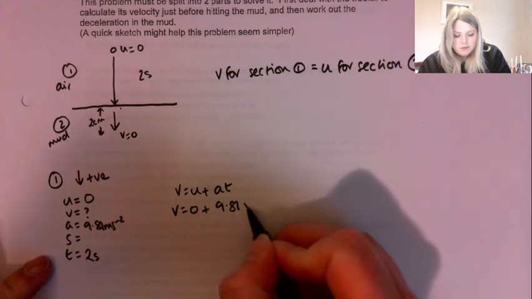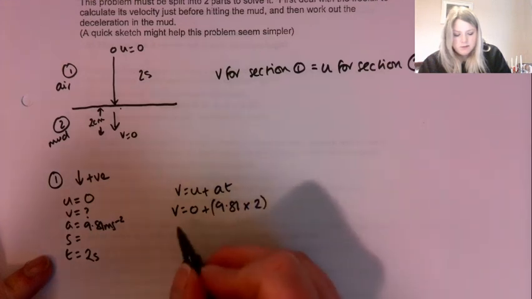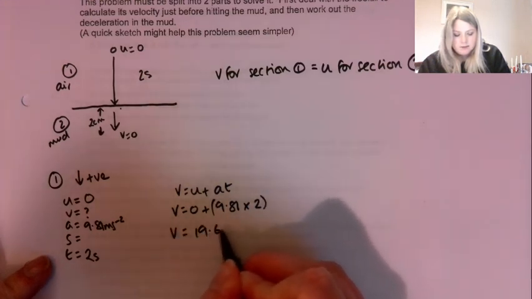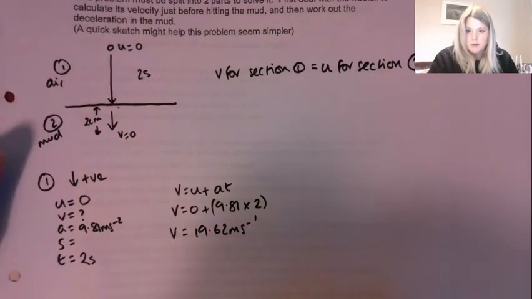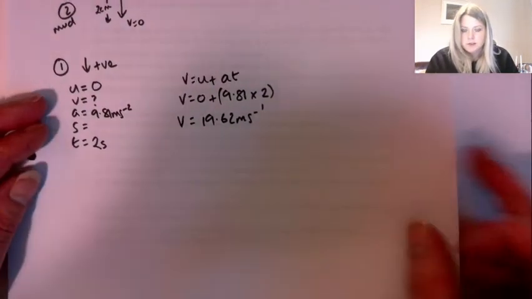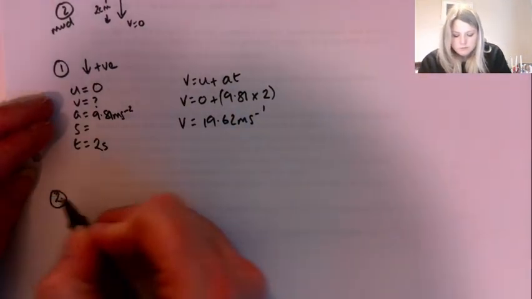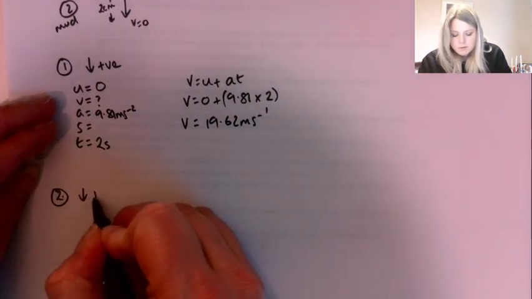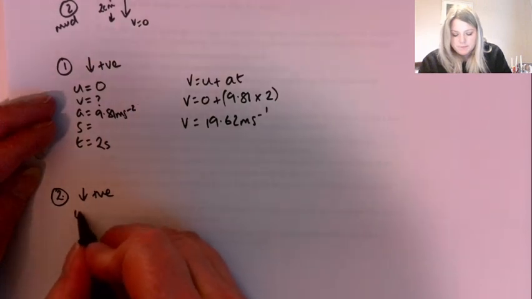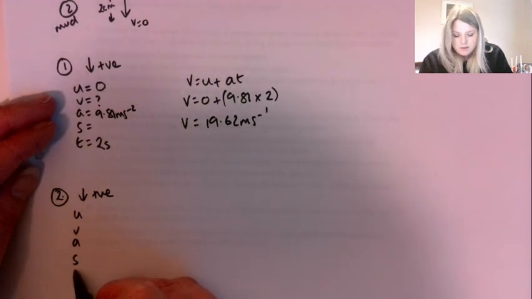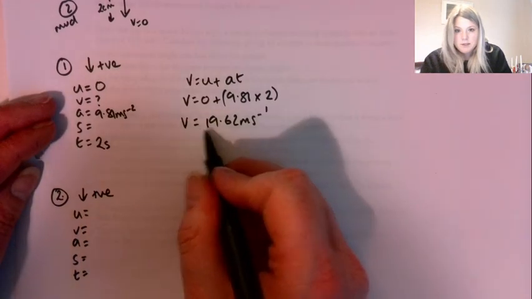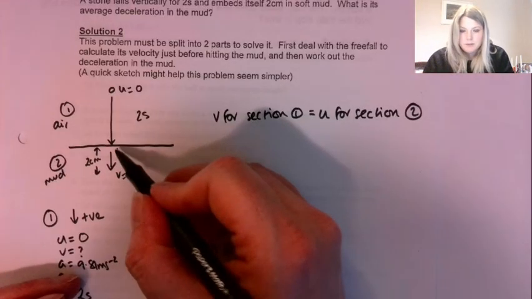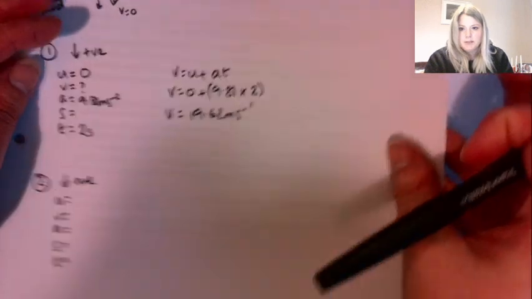So all I'm doing here is substituting in my values. So I get 19.62 meters per second. So now I know about section 2. I'm still going to be taking downwards as being positive. If I make my UVAS list, now I know that my starting velocity in the mud here is 19.62.